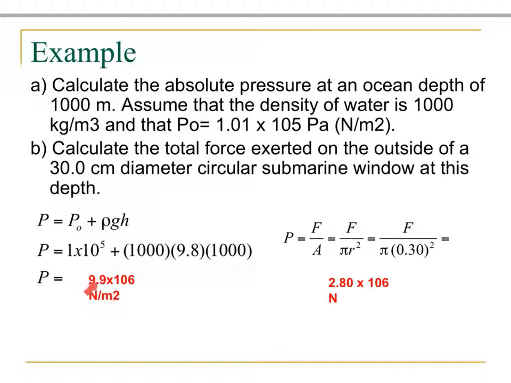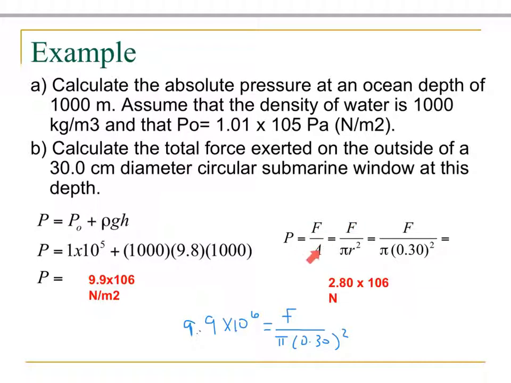Now this could also be written as 9.9 times 10 to the 6 pascals. The second part of the problem asks us to calculate the total force exerted on the outside of a 30.0 centimeter diameter circular submarine window at this depth. So we know that pressure equals force divided by area. Force is our unknown.